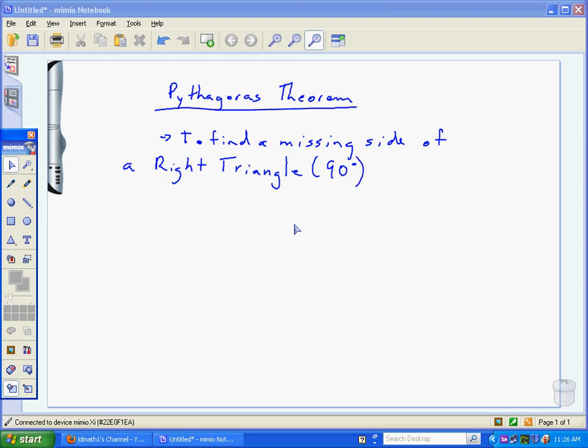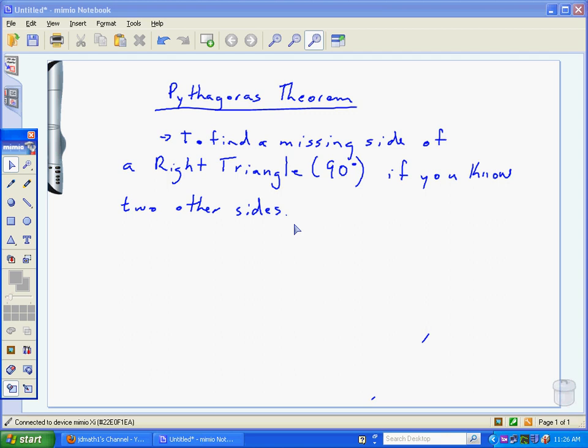Okay, to find a missing side of a right triangle, if you know two other sides. Good. Okay, what's it look like?